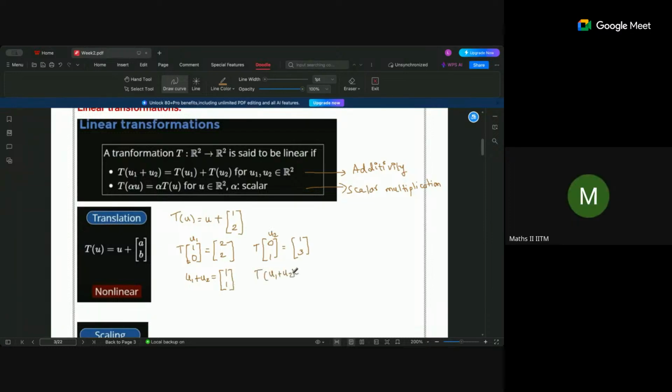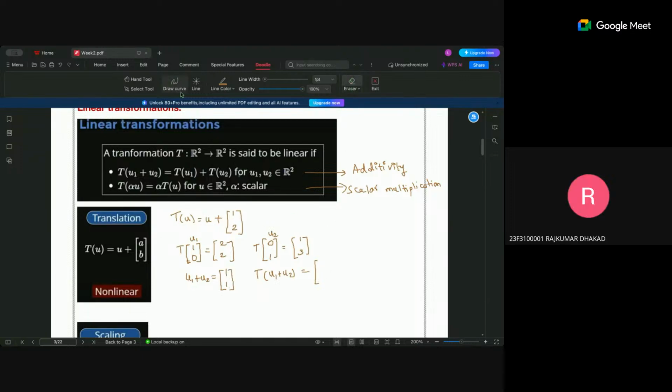Calculate and tell me. Answer carefully. See, what is T of u1 plus u2? You have to add (1, 2) to this vector, right?